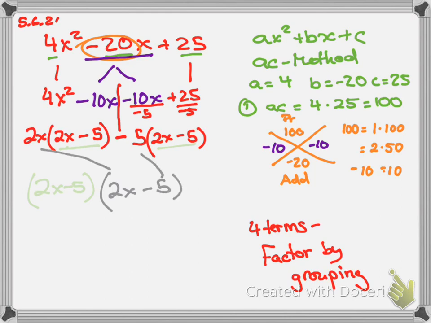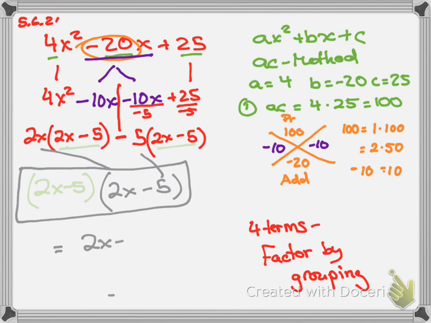So that goes into your second parentheses. So now you have factored 4x squared minus 20x plus 25. It factors into 2x minus 5 and 2x minus 5. They're actually both the same. You could also write that as 2x minus 5 squared, since the factors are the same.